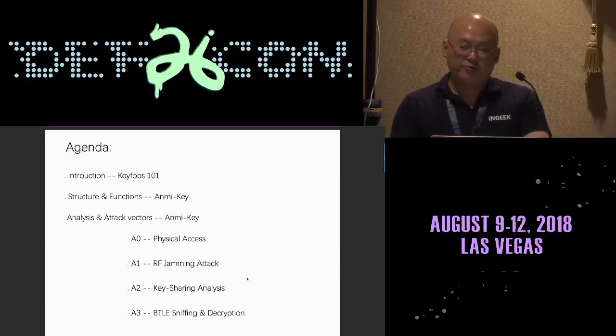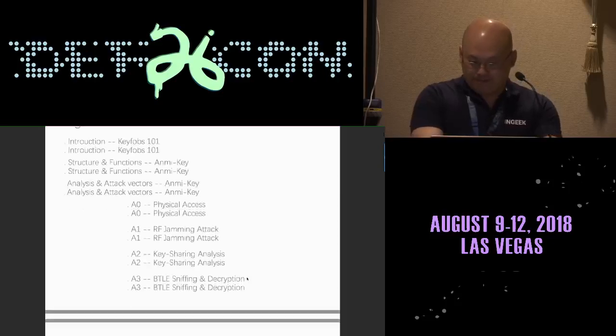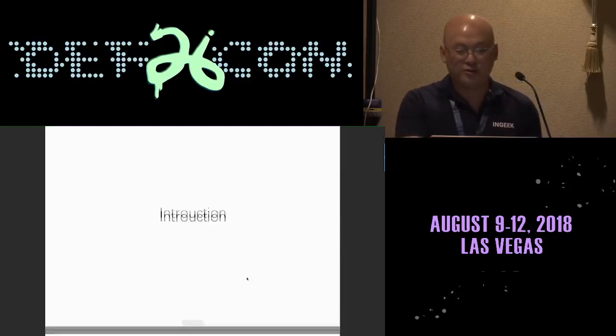So basically, I will start from physical layer, and then we take a look a bit about RF layer, and we take a look at application. Eventually, let's see how can we do some Bluetooth sniffing and decrypt the packet.